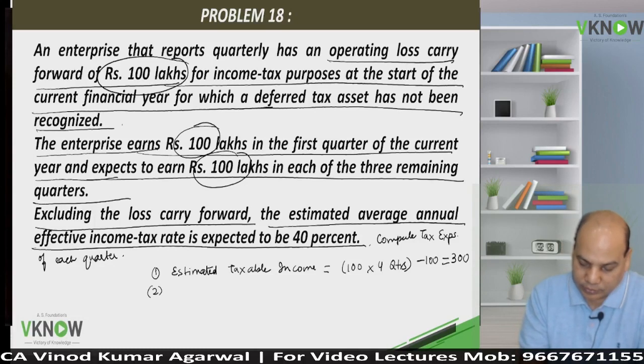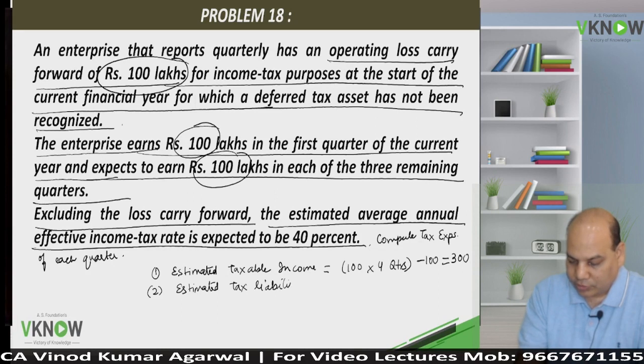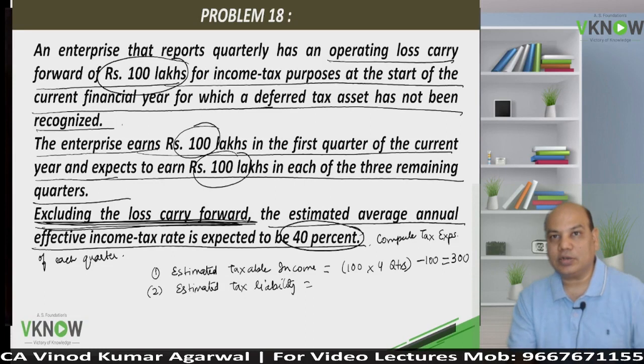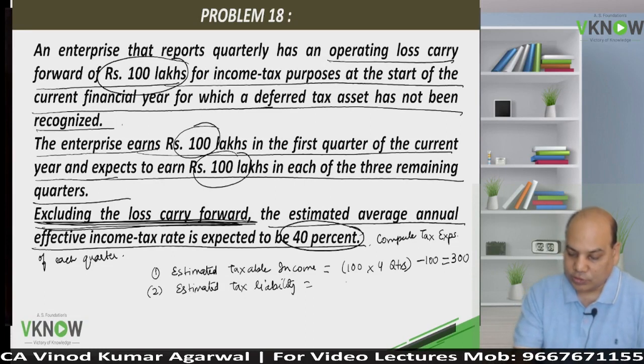Second, write down estimated tax liability. The question says excluding the loss carry forward, the estimated weighted average tax rate is 40%, but we have to consider the carry forward loss also while estimating the weighted average tax rate.